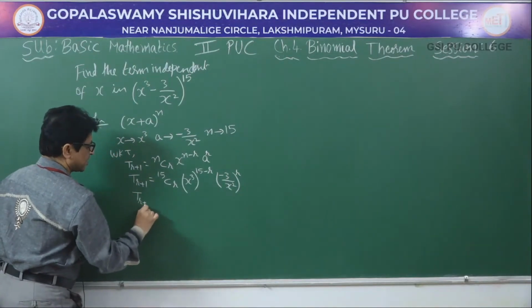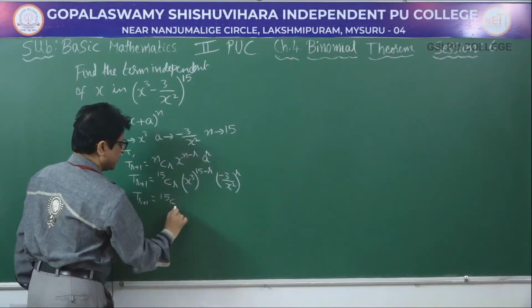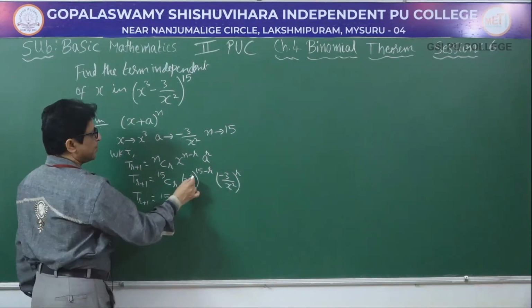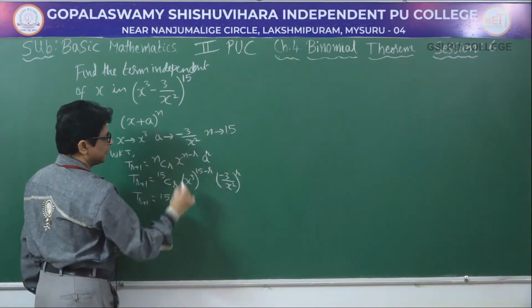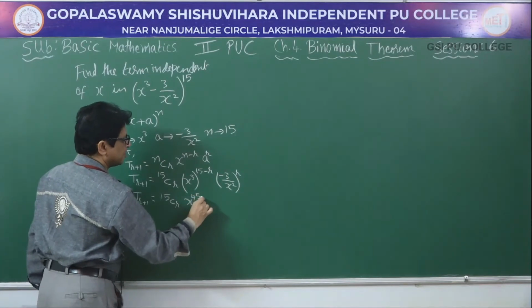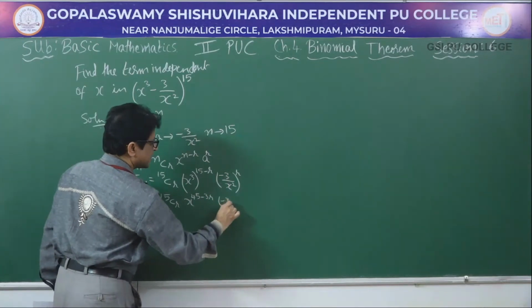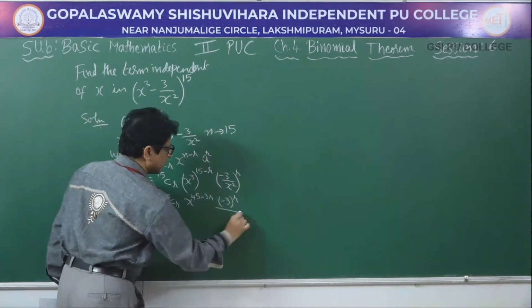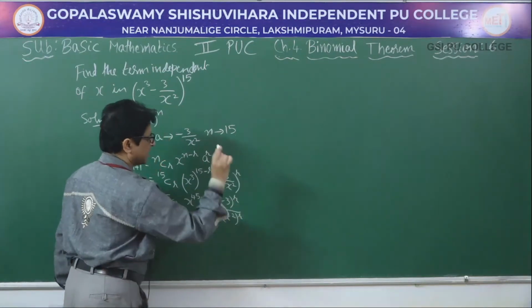So, T(r+1) is equal to 15Cr into, since (a power m) whole power n is a power m into n, x power 45 minus 3r into minus 3 whole power r divided by x square whole power r.